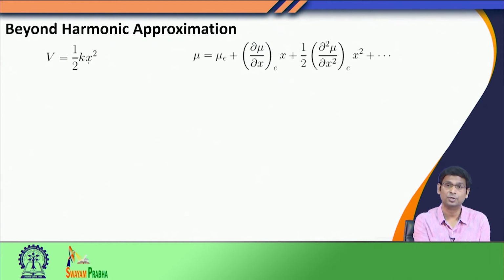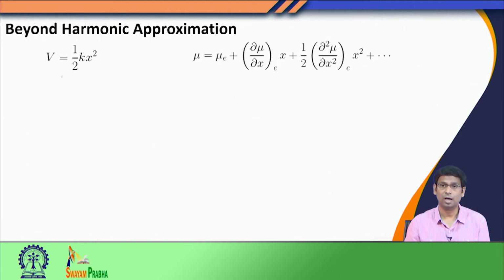Here the harmonic approximation is made in the potential. Here the harmonic approximation is made on the electric dipole moment. When we take the electric dipole moment to be harmonic, that means we truncate after the first order, we call that electrically harmonic, and when we use a potential which is harmonic, we call that mechanically harmonic, because the mechanical model itself is harmonic.